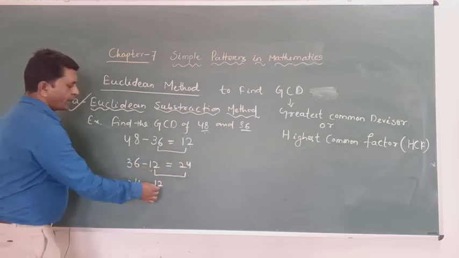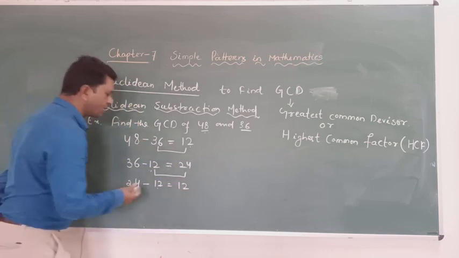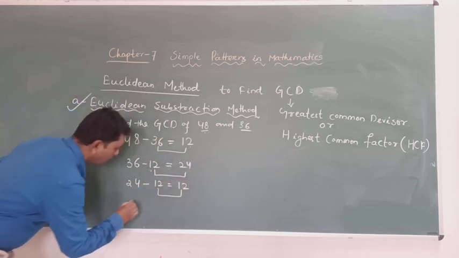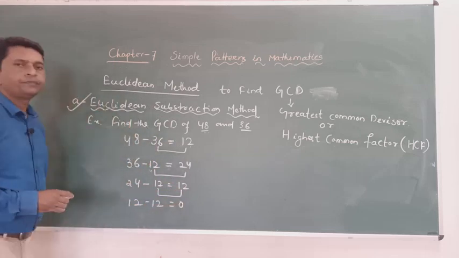So 24 minus 12 is equal to 12, and repeated subtraction between these two, 12 minus 12, is equal to 0.